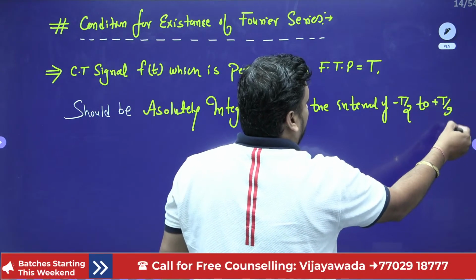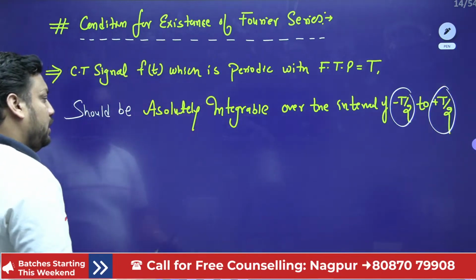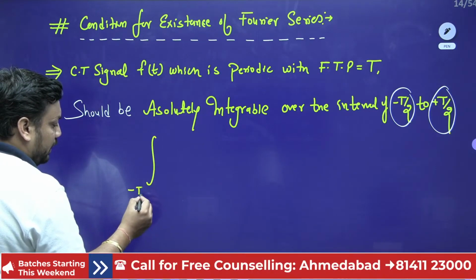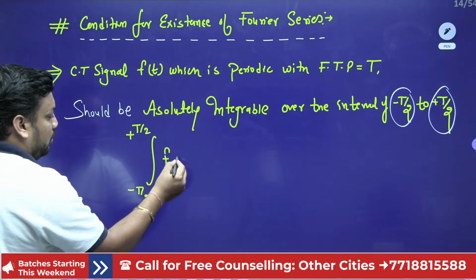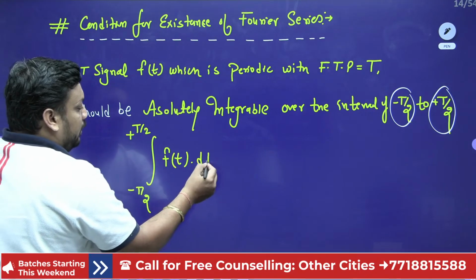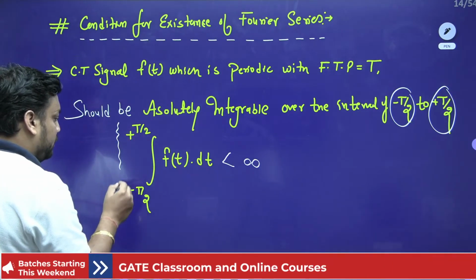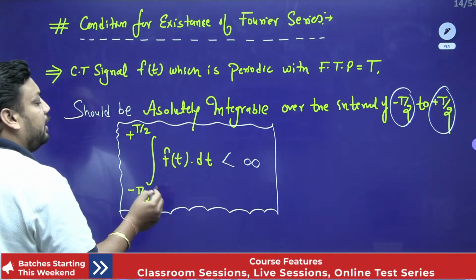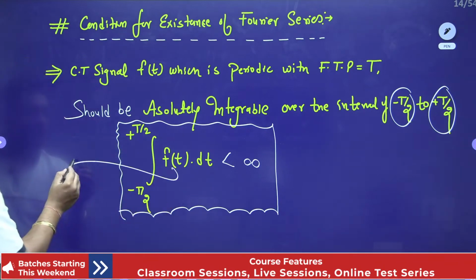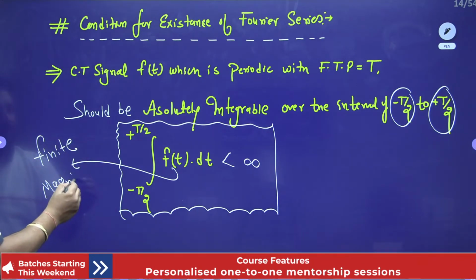It means that the integral from minus T by 2 to plus T by 2 of |f(t)| dt should be less than infinity. It should be absolutely integrable. It means it should be a bounded signal, so f(t) should have a finite magnitude.